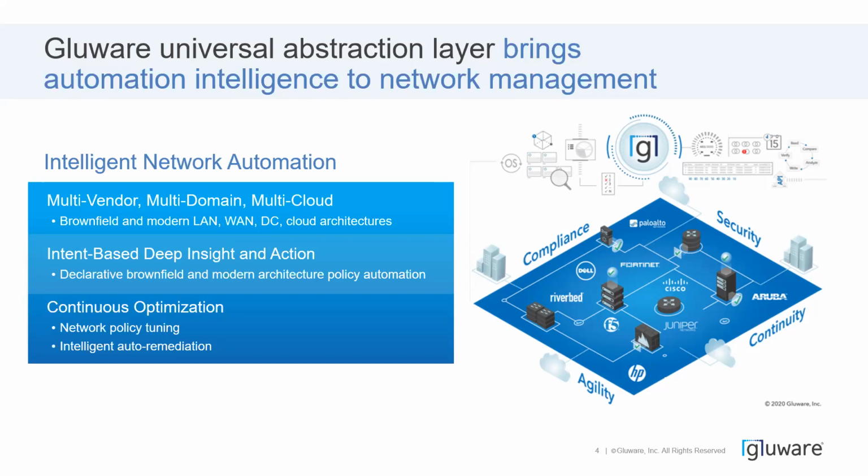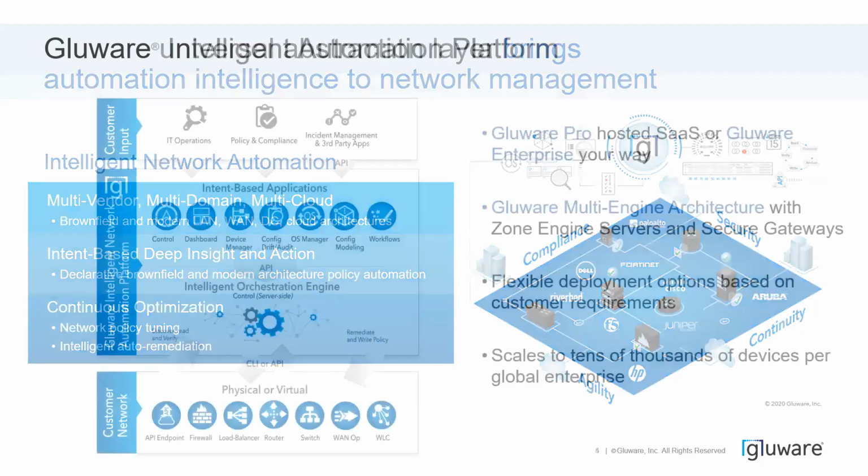Glueware is used to automate the brownfield existing networks, but it's really across the lifecycle management, from day zero net new deployments with things like zero touch provisioning, all the way through day N changes where you're updating Syslog and QoS policies and many other things. It really is used for the continuous management of the network from a configuration, policy, audit, and monitoring standpoint.